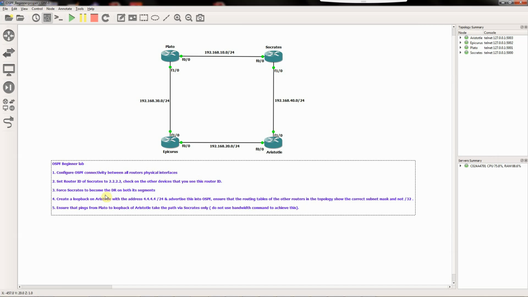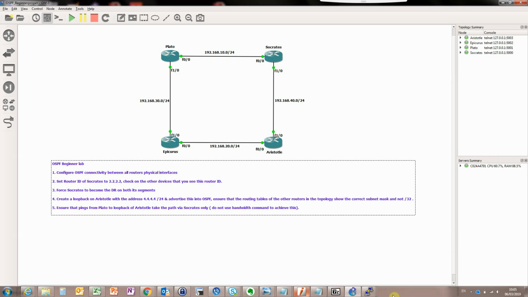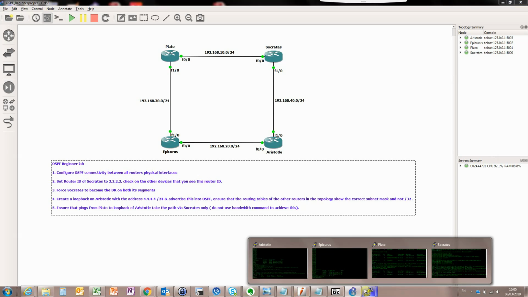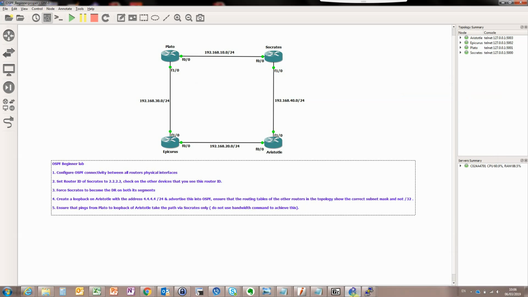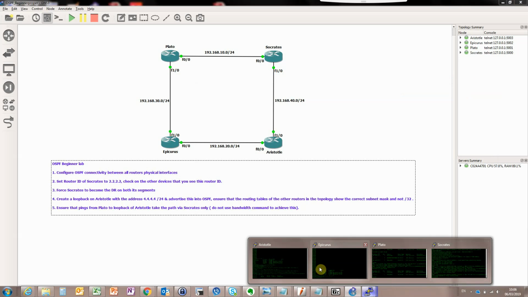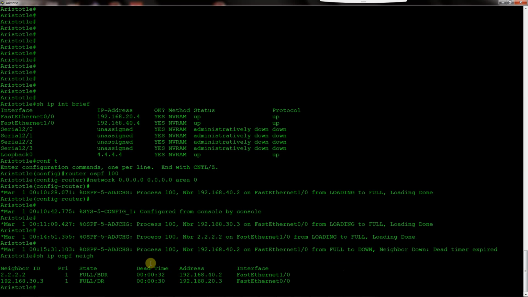Next thing we want to do is force Socrates to become the DR on both its segments. If we look at Plato, for instance, you can see that Socrates, which is now 2.2.2.2, is the BDR. If we have a look on Aristotle, you can see that 2.2.2.2 is also the BDR.